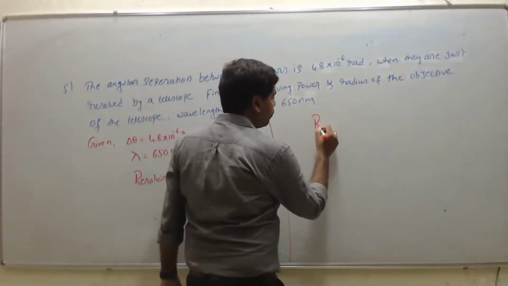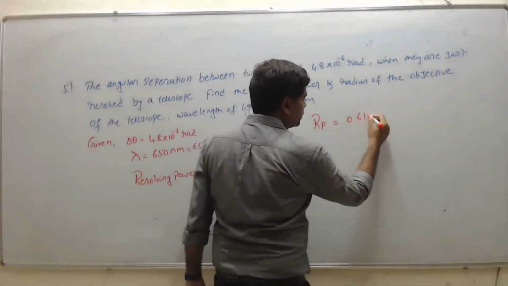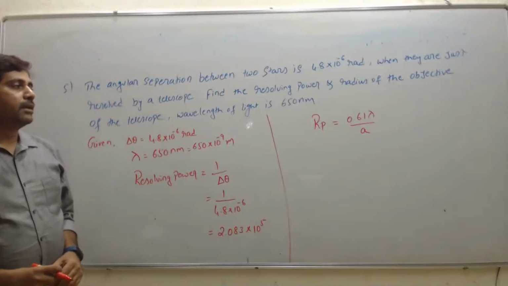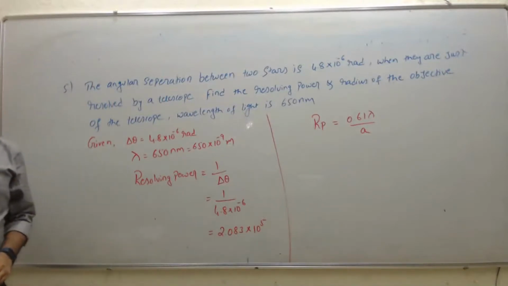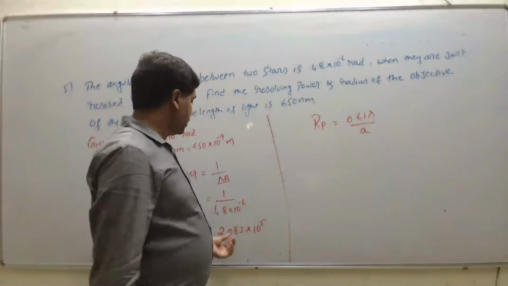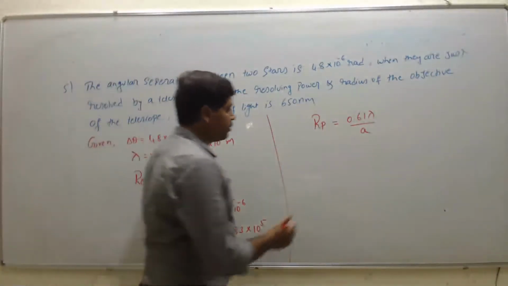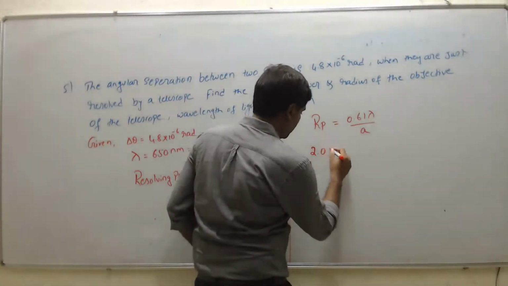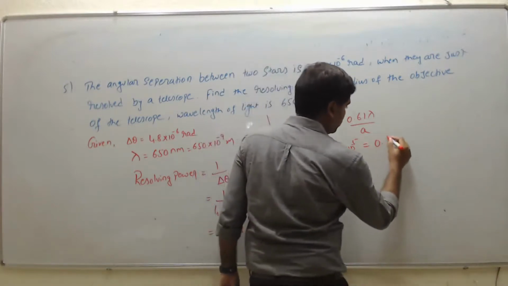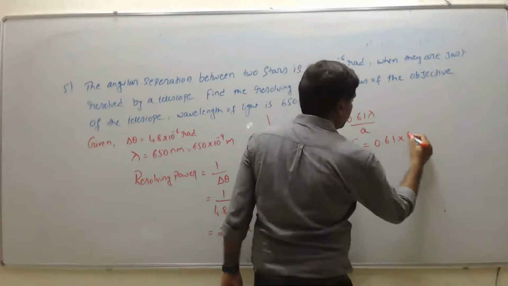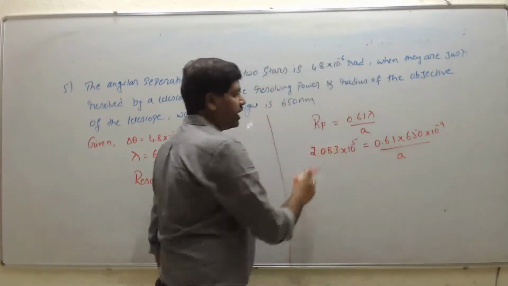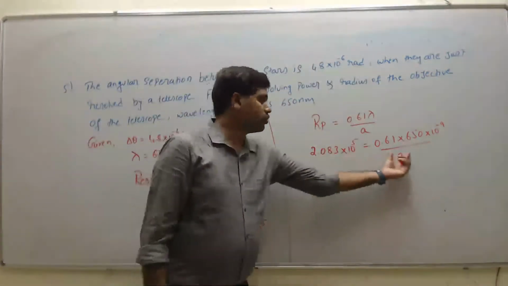Also we know the resolving power of the telescope equals 0.61 lambda divided by A. So this is the formula, 0.61 lambda divided by A. Here we know the value of lambda and the value of resolving power, so we can find the value of A. So 2.083 into 10 to the power of 5 equals 0.61 into wavelength 650 into 10 to the power of minus 9, whole divided by A. If A shifts to the LHS, then this value goes to the denominator.